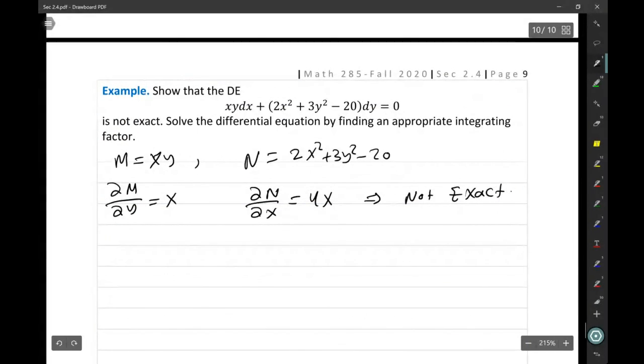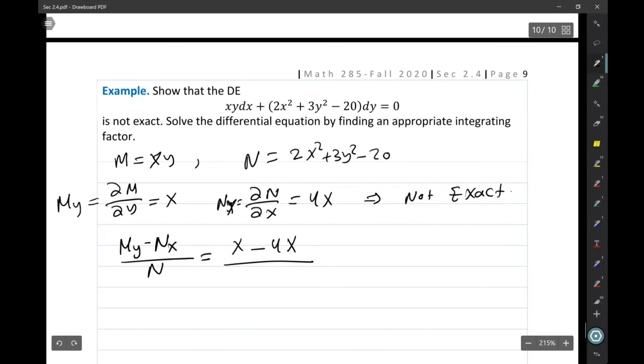Now let us calculate M_y minus N_x divided by N. M_y is x minus 4x, divided by N, which is 2x squared plus 3y squared minus 20.